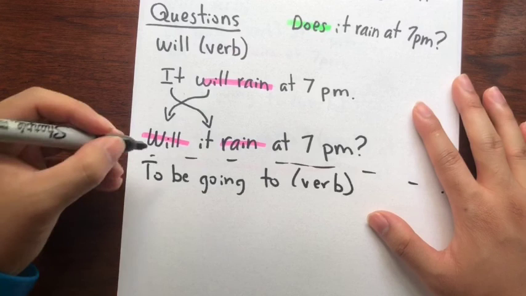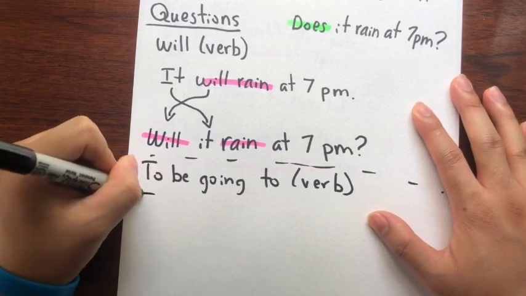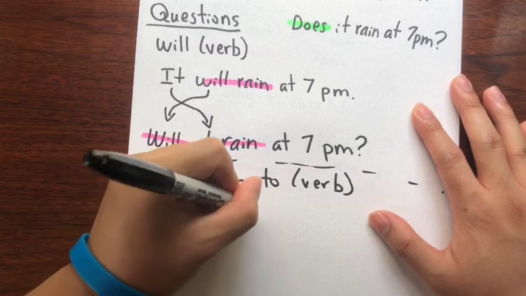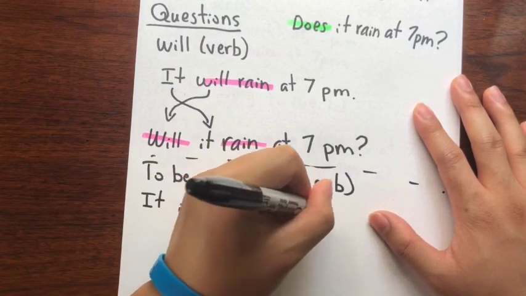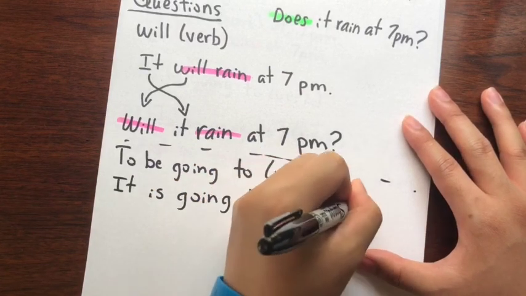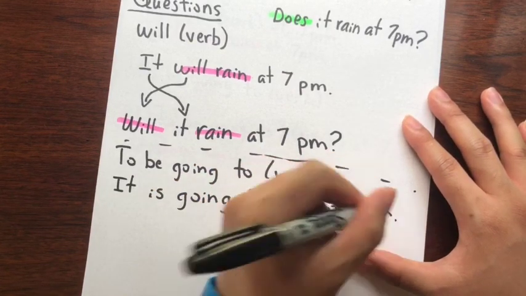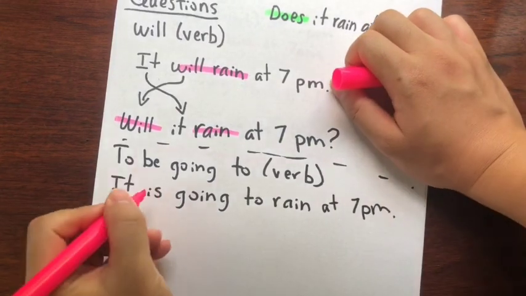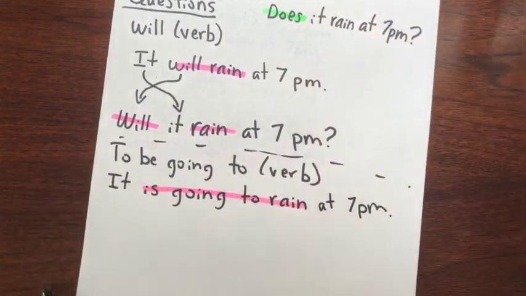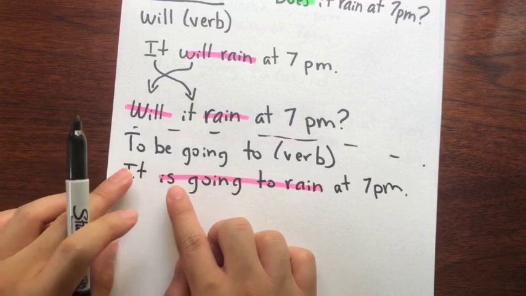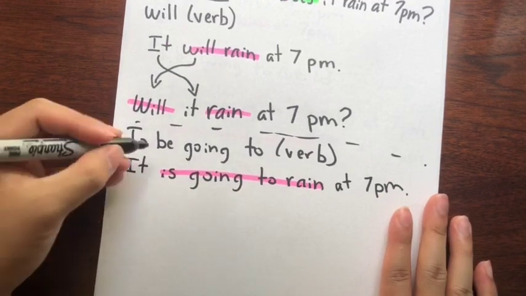So the sentence is, it is going to rain at 7 p.m. It is going to rain at 7 p.m. Again, when we ask a question, we switch the subject and the first verb.